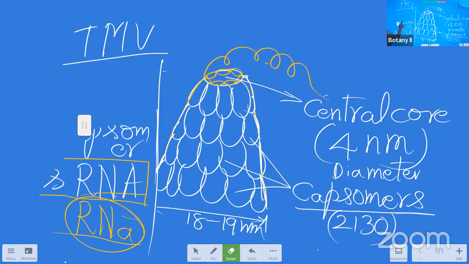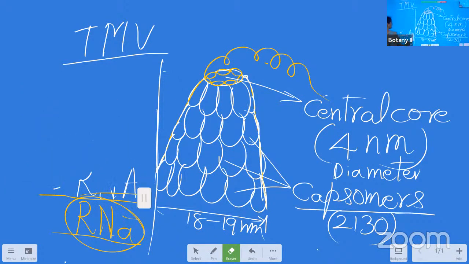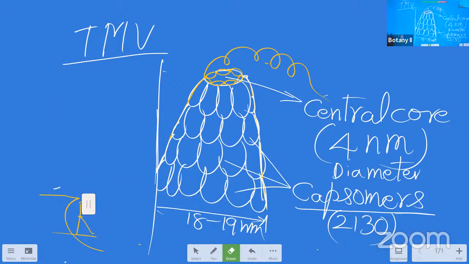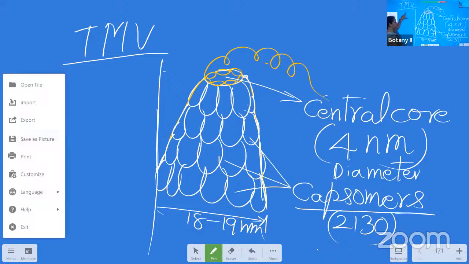Okay. So TMV, structure of TMV. The question is structure of TMV. TMV means it's the tobacco mosaic virus which causes infection to the tobacco plant. So this viral organism is having a body of length 300 nanometers and width of 18 to 19 nanometers and having a central core inside that is 4 nanometers in diameter.